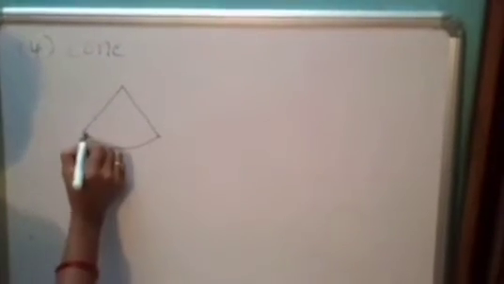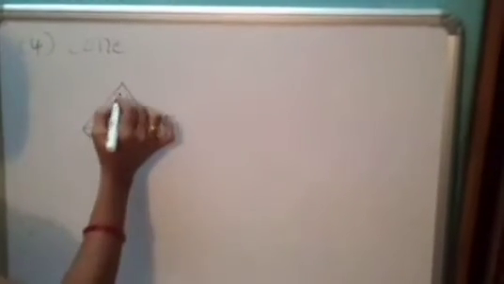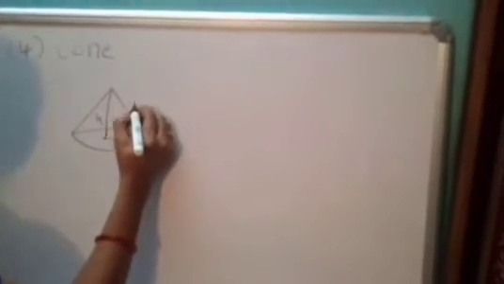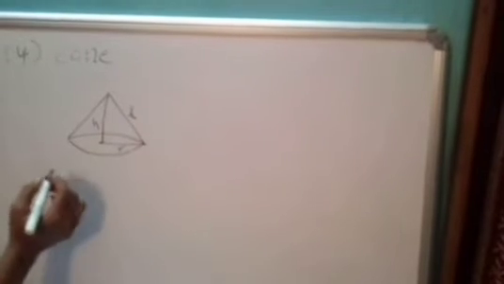that is right circular cone. Shape of cone is, this is the radius of the cone, this is the height of the cone, and this is the slant height. L is slant height, H is height of the cone, and R is the radius of the cone.